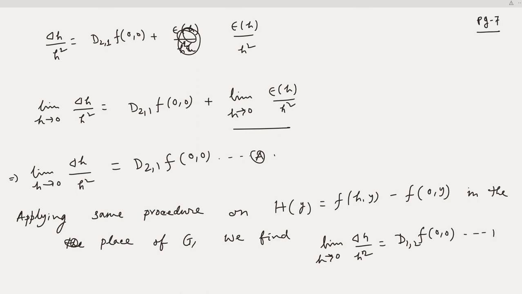So this is equation B. Equations A and B together imply that d_{1,2} f at (0, 0) equals d_{2,1} f at (0, 0). Okay, so this completes the proof. So that's it.